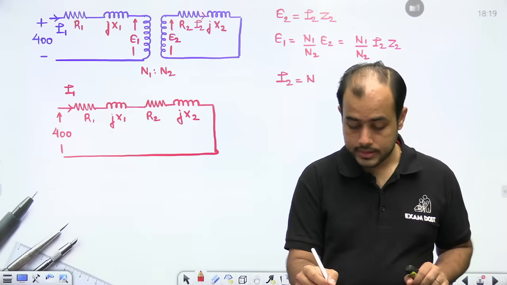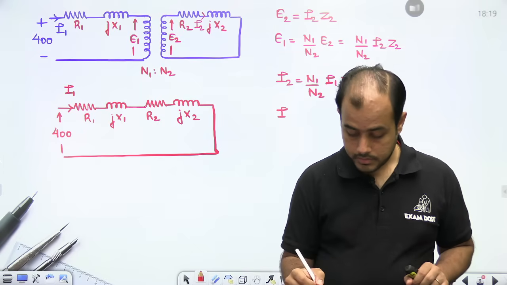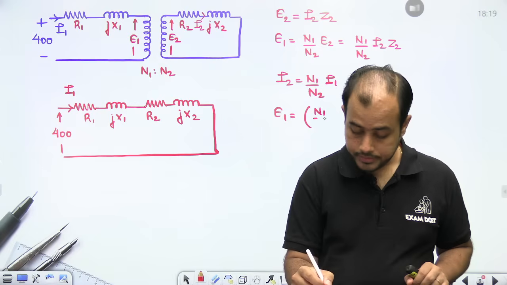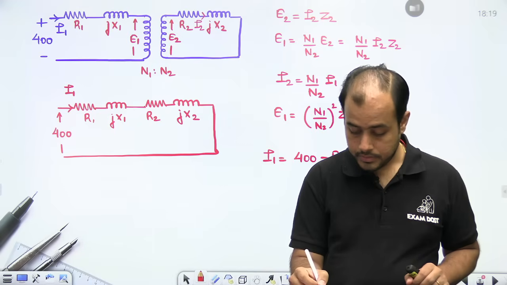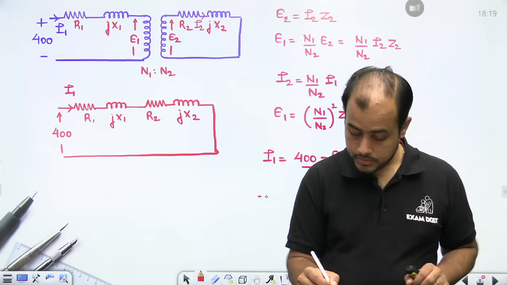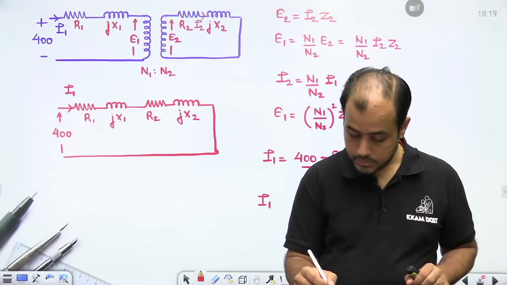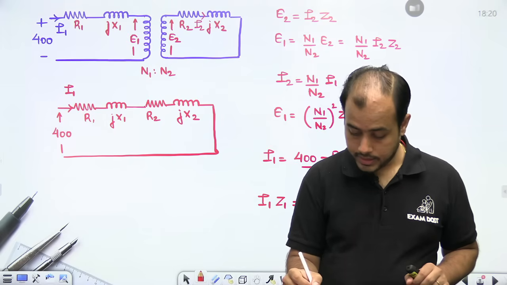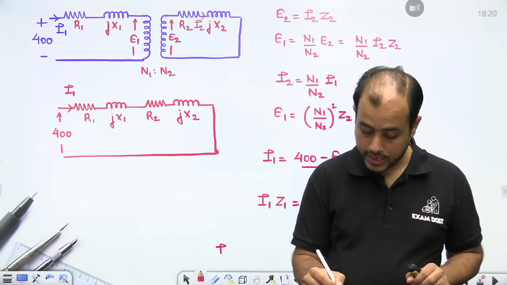I2 is... So E1 will be... now you will say I1 is... 400 minus I1 Z2 N1 by N2 square. Collect the terms of I1 on one side.